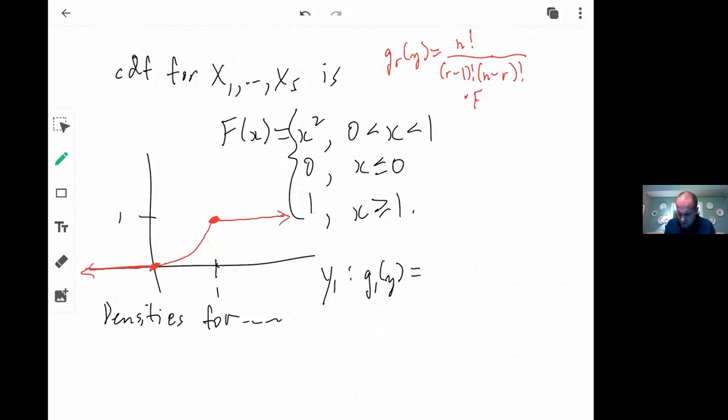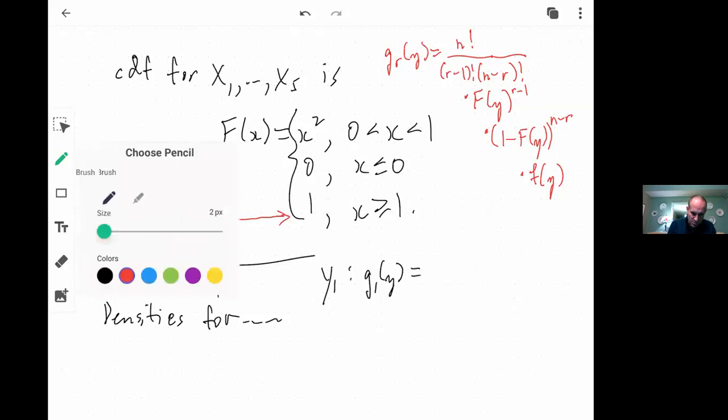F of y to the r minus 1, times 1 minus F of y to the n minus r, times little f of y. Okay, so where big F and little f come from the common distribution that we started with for the x's.